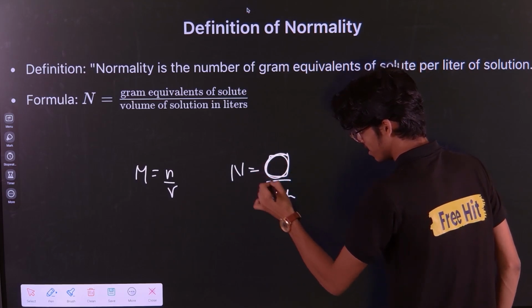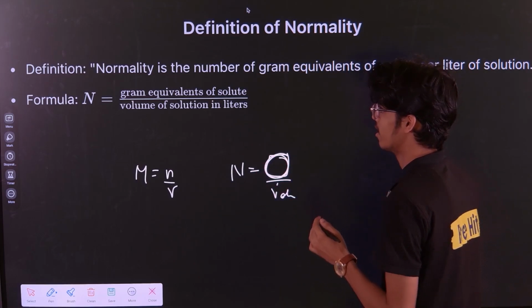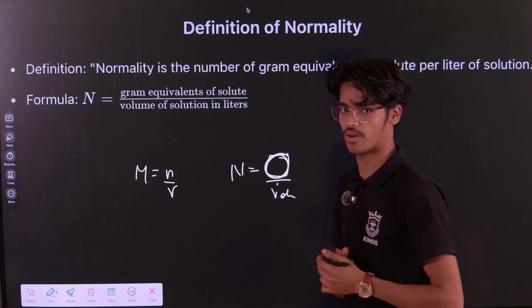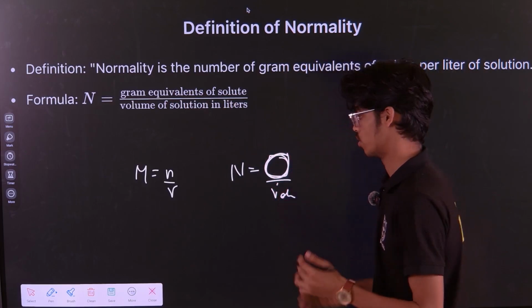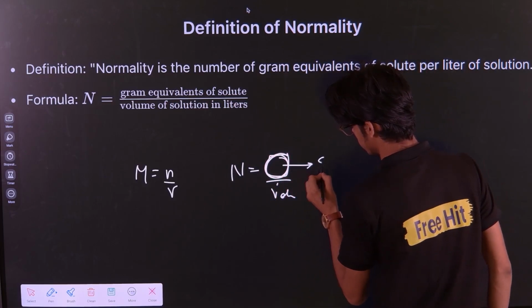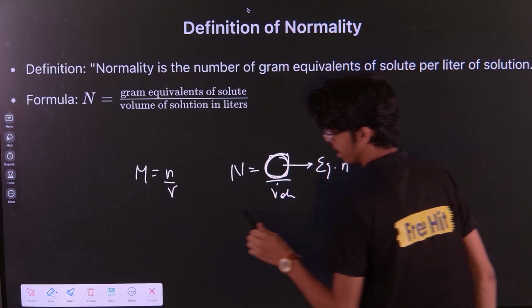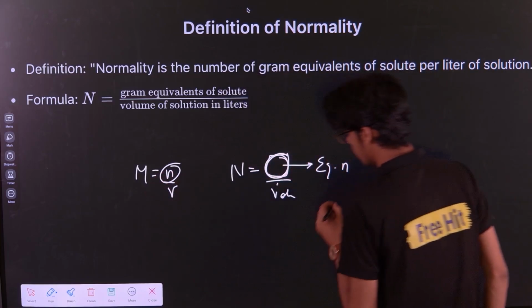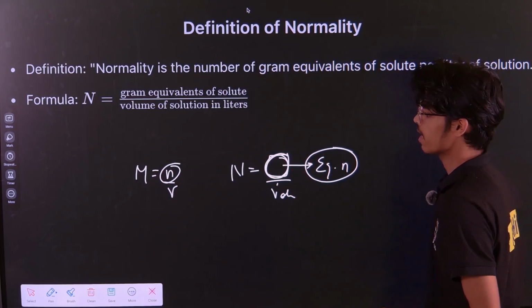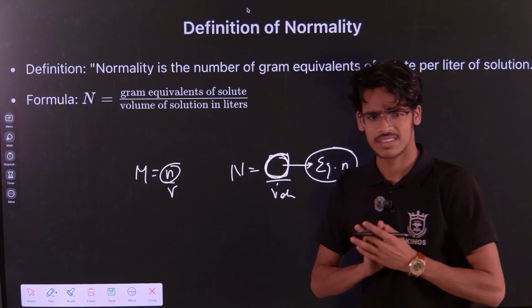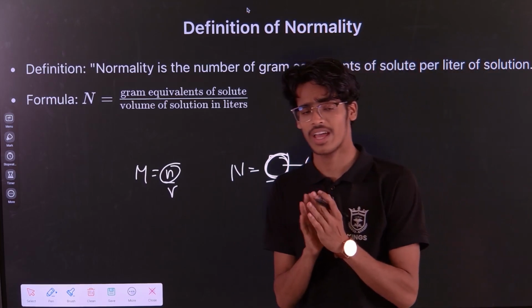But here it is gram equivalents of a solute. In other terms, equivalent moles. Here normal moles, here equivalent moles. That is the only difference.